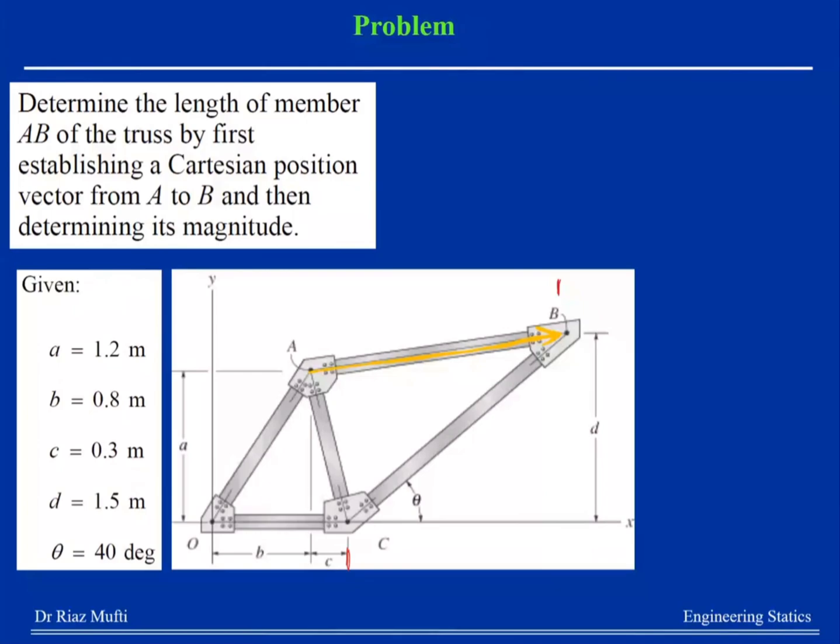Now, what I'm after is basically the X distance, and I'm also after the Y distance, the Y component and the X component. Okay. So how I'm going to get this?